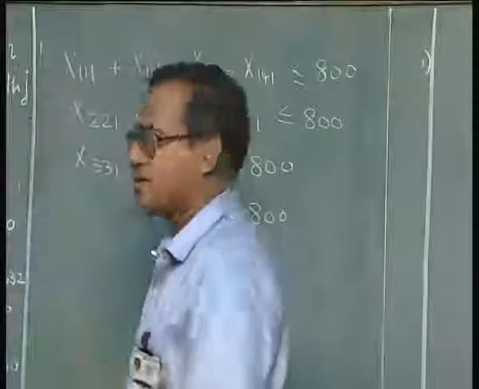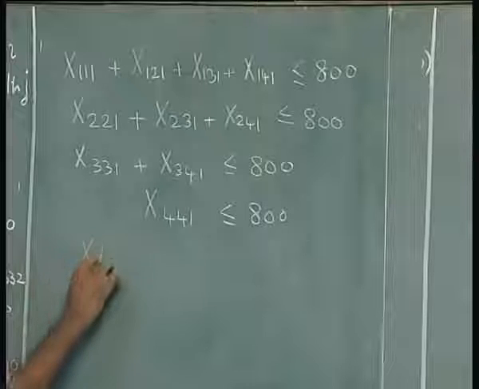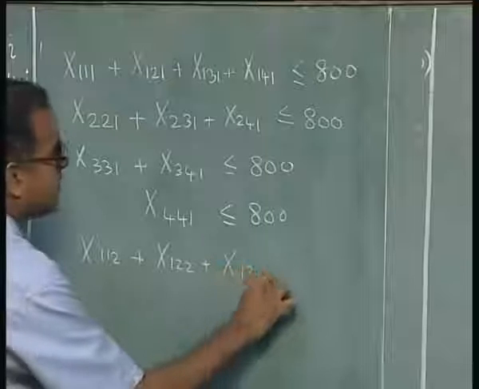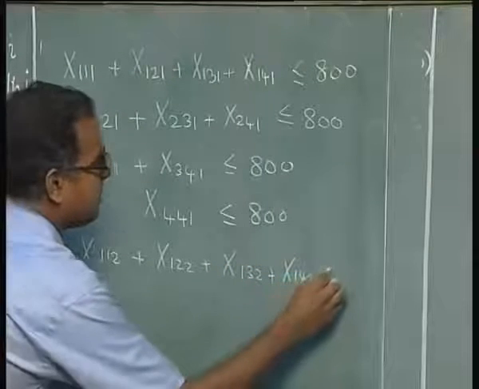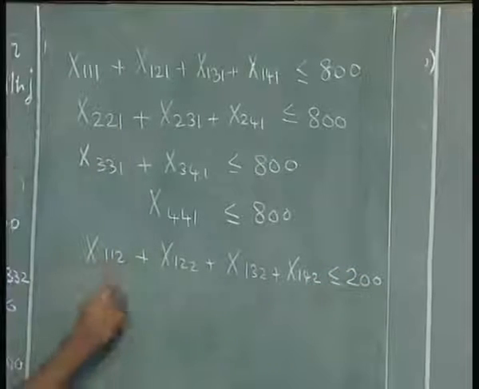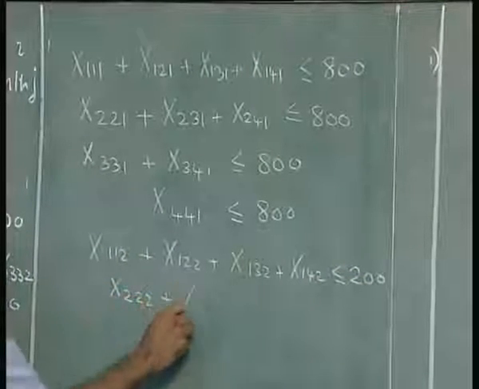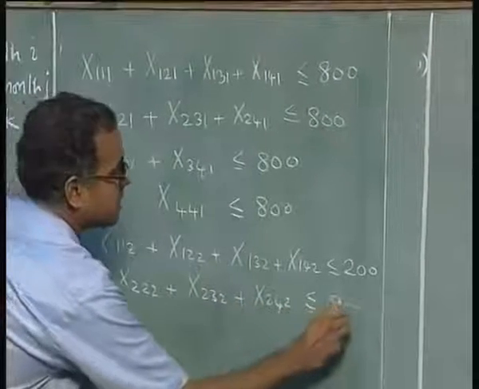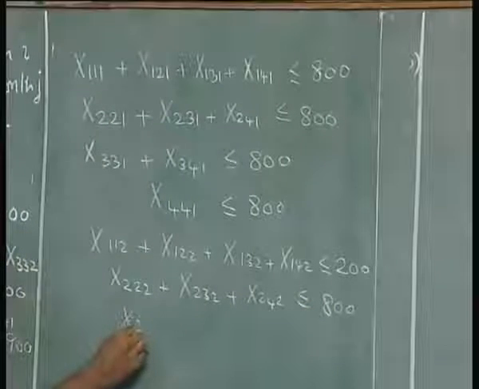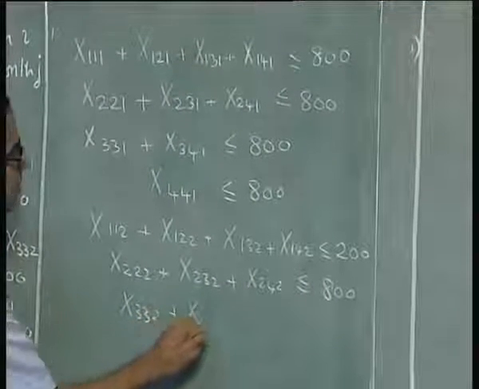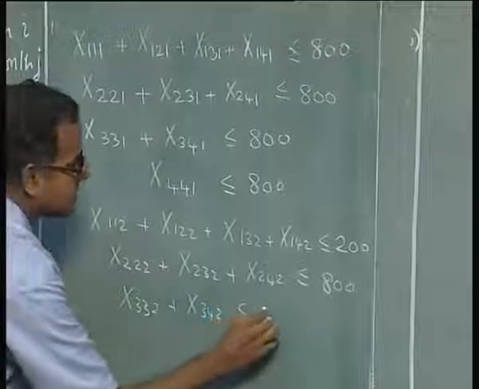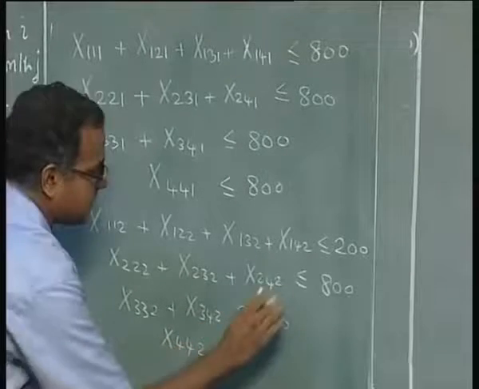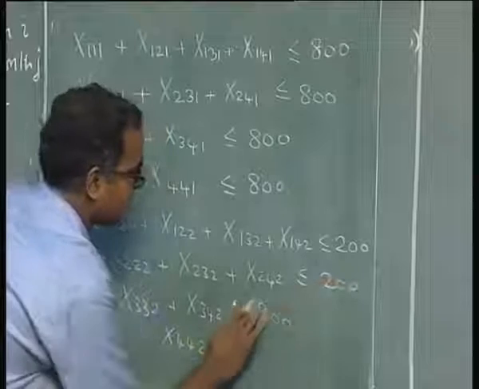So, the first month's overtime will now look like this: x112 plus x122 plus x132 plus x142 is less than or equal to 200, x222 plus x232 plus x242 is less than or equal to 200, x332 plus x342 is less than or equal to 200, and x442 is also less than or equal to 200, because 200 is the capacity that we have.